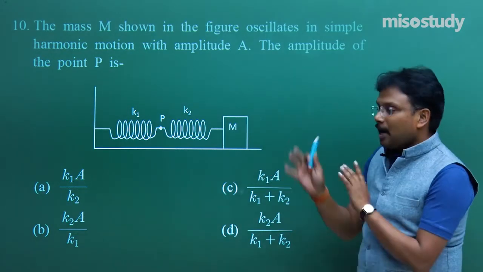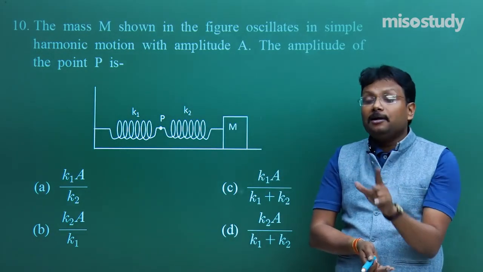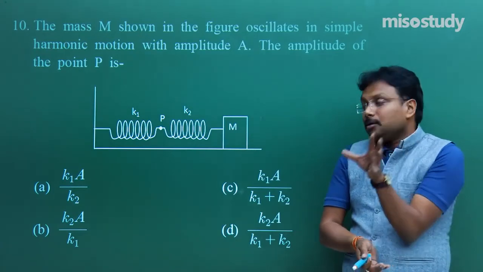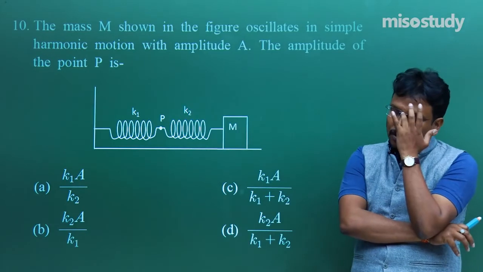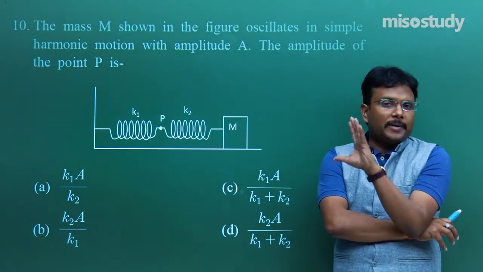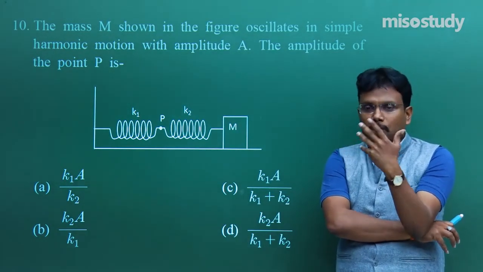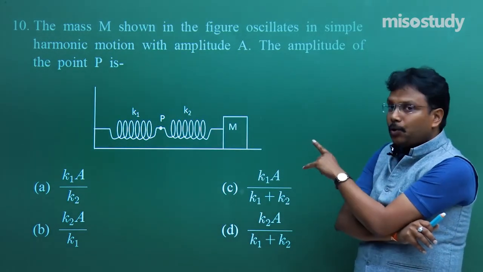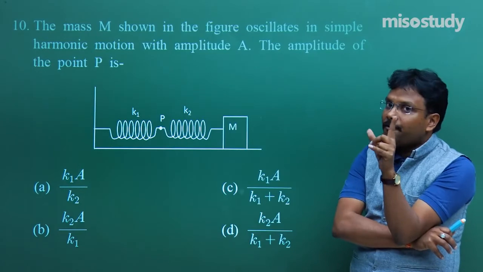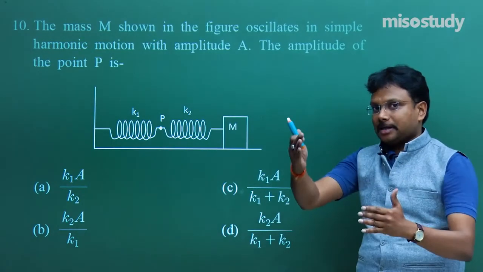So first, what we have to do? We have to find the resultant force constant. During the discussion of this topic, the series parallel combination of springs, I explained that this combination is similar to the combination of resistors in reverse fashion.